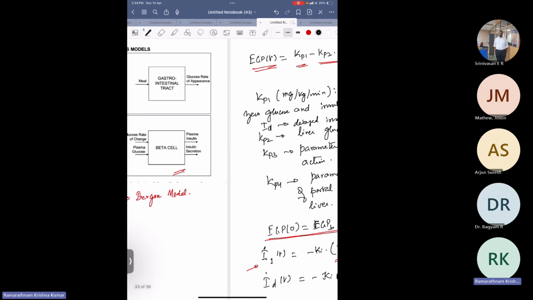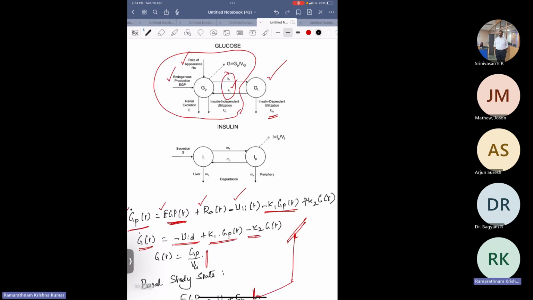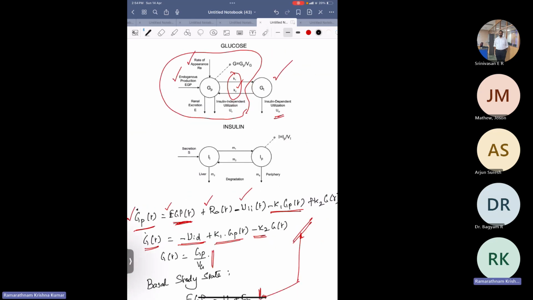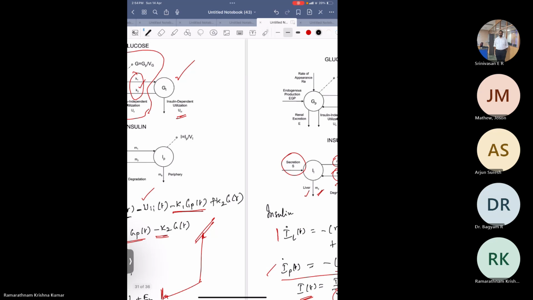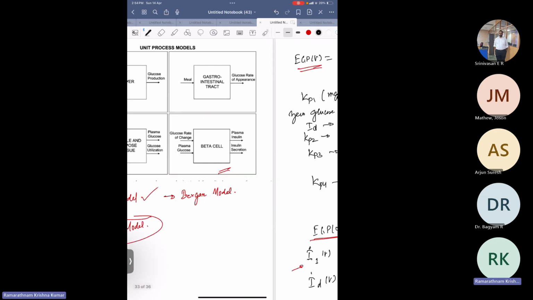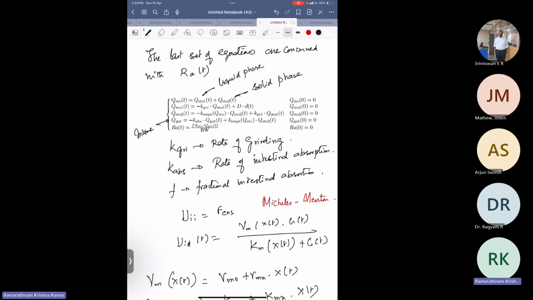Please note, you have to explain every equation. So I have an RA here. How am I going to get that RA is the next step. You can't say that I have eaten this much and that is directly converted into RA. No. So I have a set of equations.